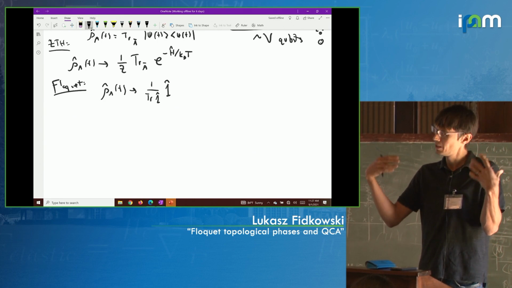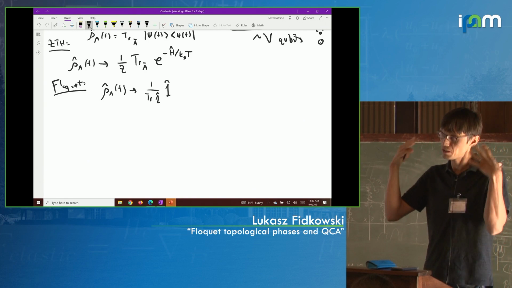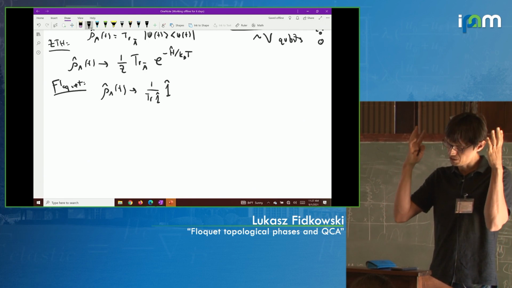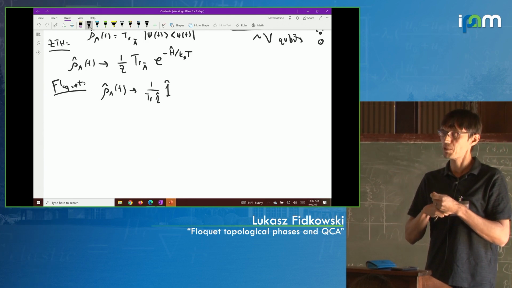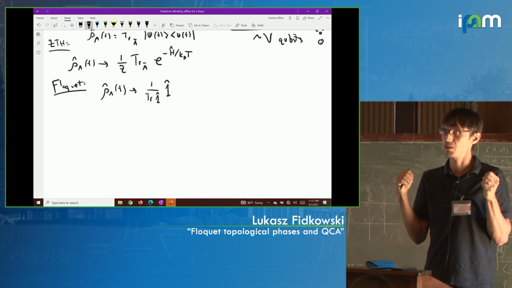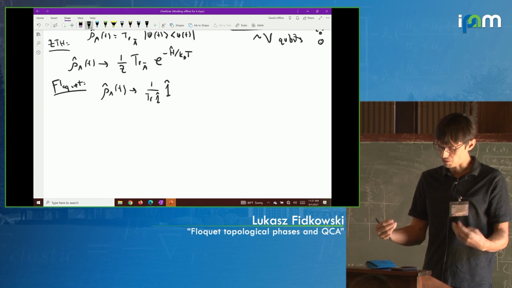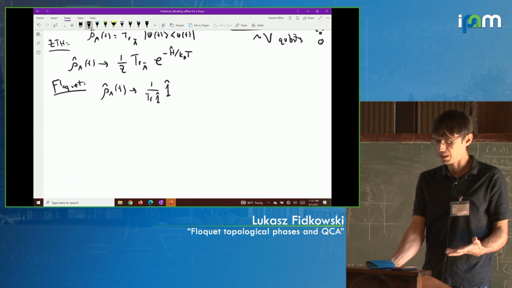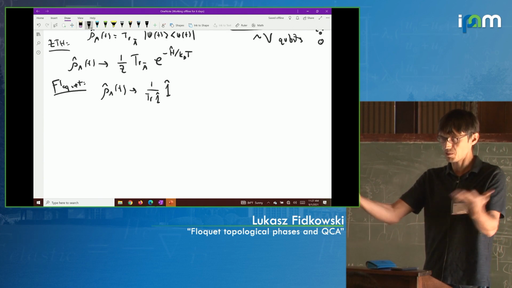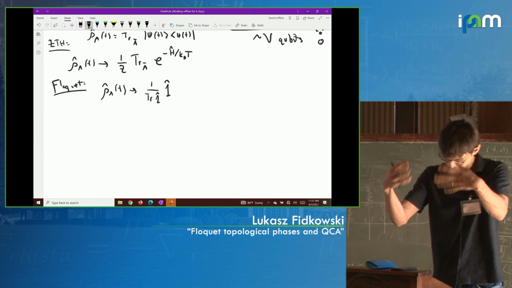These thermal states are conjectured not to have finite temperature phases here. The topological phases, in 2D at least, are strictly at zero temperature. So this is bad from the perspective of topological order. On an intuitive level, in the Floquet case the system just blows up, which is obviously bad for realizing some delicate ordered state.